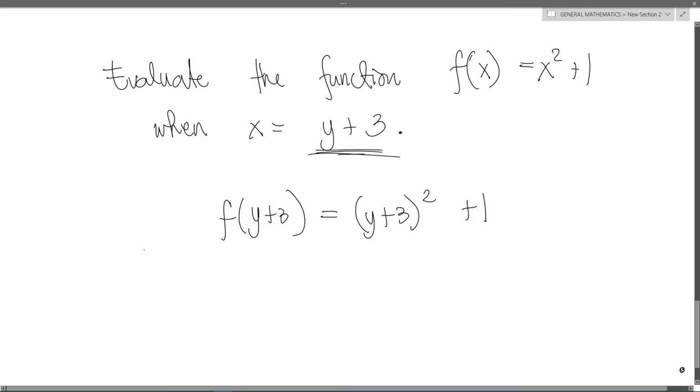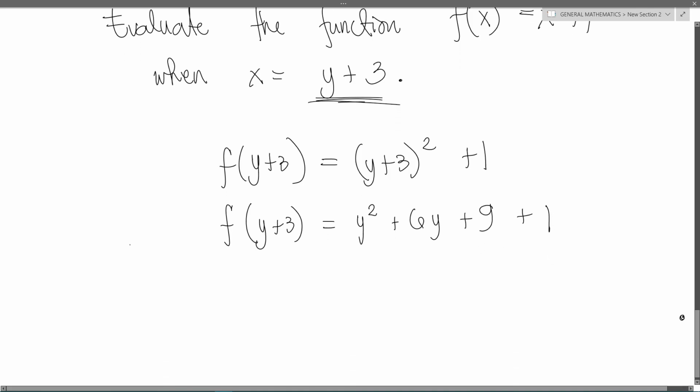What happens next is that we should compute for the end result. Using the FOIL method, y squared plus 6y plus 9 plus 1. So f of y plus 3 is equals to y squared plus 6y plus 10.